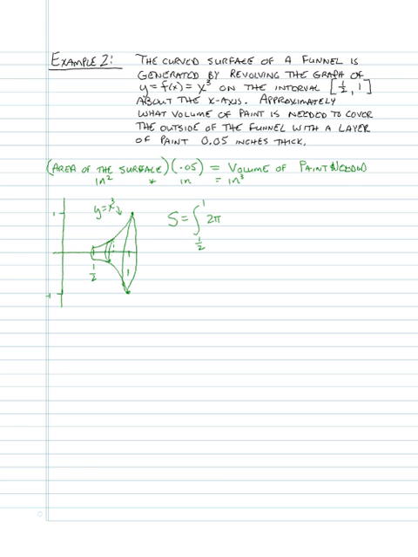And so remember the way it goes, it's the radius of a representative frustum times the width, or the length of that edge. And the length of that edge we decided was the square root of 1 plus the derivative of the function squared, dx.